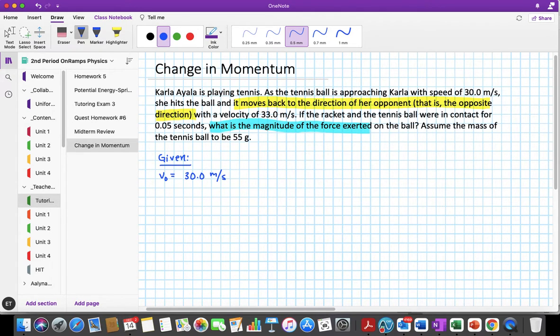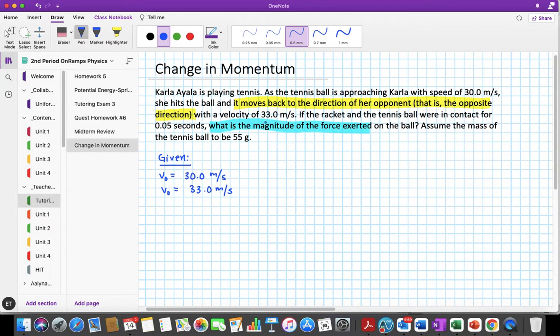And then we have another velocity of 33 meters per second. Now, it says to the direction opposite to the right to Carla. The fact that these two velocities are opposite, we have to show that with numbers by means of a negative sign because one has to be in the opposite direction.